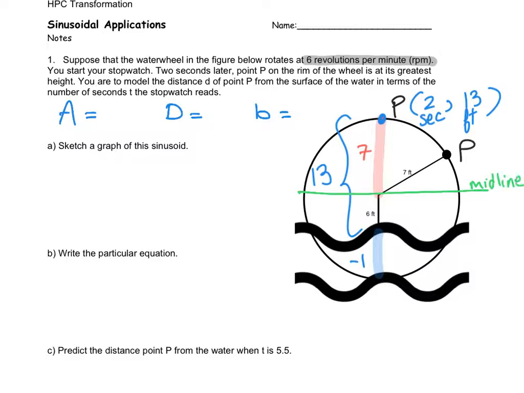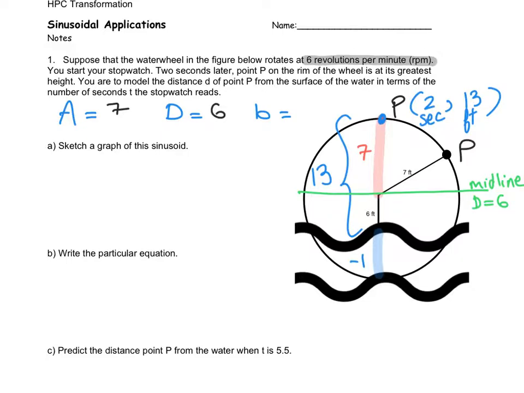In this case, the midline represents D, and that's 6 in this case, because it is how high it is from the water. The amplitude in this case is 7, because from the midline to the highest point, that's 7. From the midline to the lowest point, that's also 7. So the amplitude is 7, the D is 6.